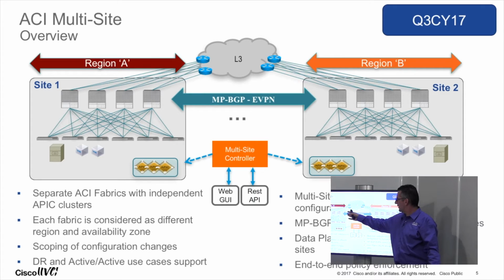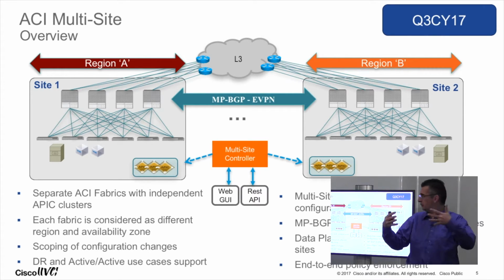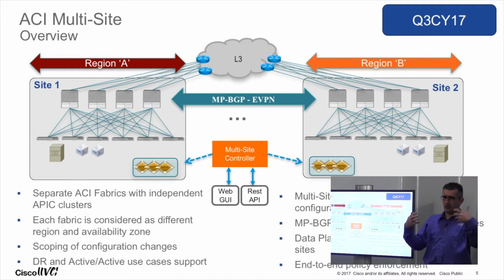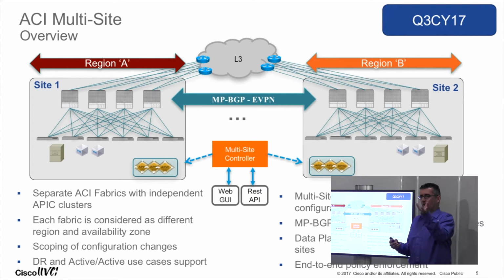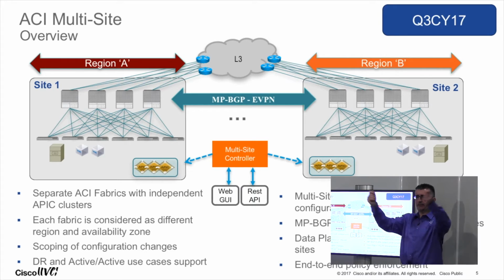It looks a lot like multipod in the sense that we also have an MP-BGP EVPN control plane between the sites to exchange information about the endpoints connected to the different sites. The main difference is in multipod, since it's a single fabric, every time an endpoint is connected, we discover it in pod 1 and we send the information to all the other pods because everybody needs to know where the endpoints are located.